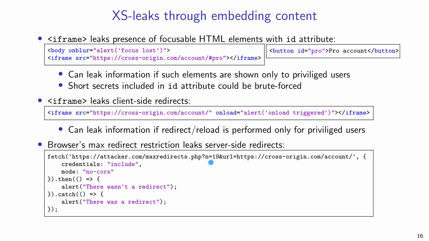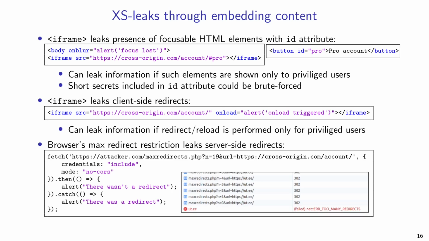Here we create 19 dummy redirects and on the 20th step redirect to the target website. If the target website performs another redirect, we will exceed the limit and the network error will occur. Whereas if the request succeeds, it means that the target website did not perform a redirect. And this is how the browser's redirect chain would look in the case where the target website does perform a redirect.